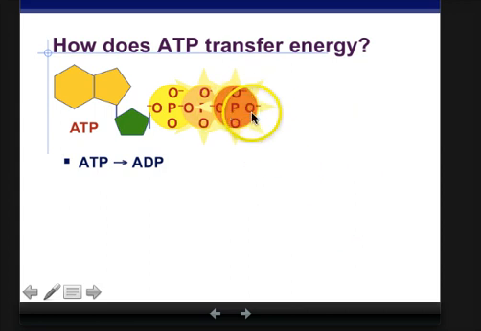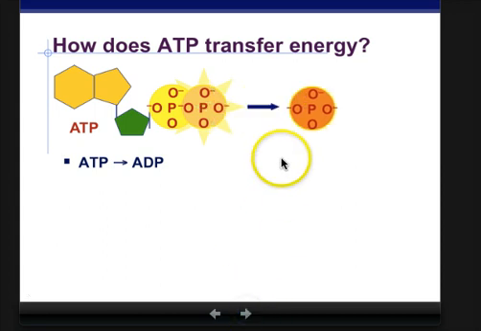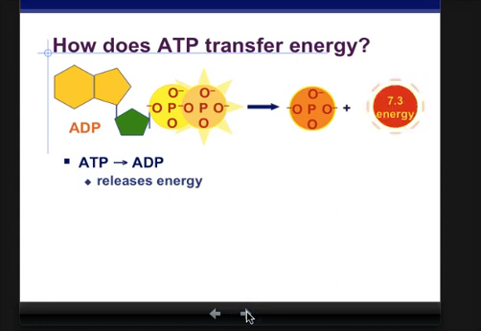All right, so these oxygens that are on the phosphorus are super electronegative. So when you have a lot of oxygen, you have a lot of electronegativity. So we're going to ditch that phosphate. Right? And energy gets released. Well, how much?